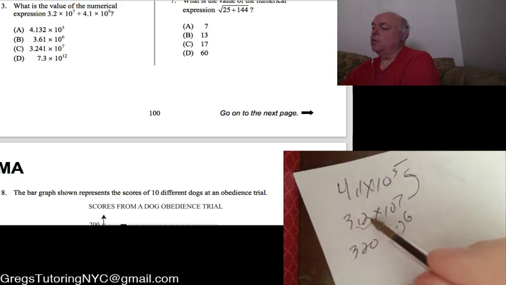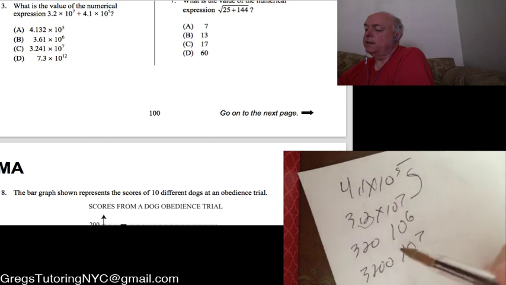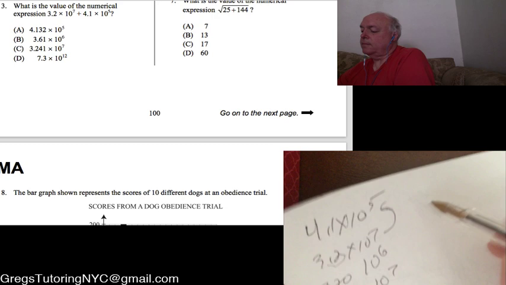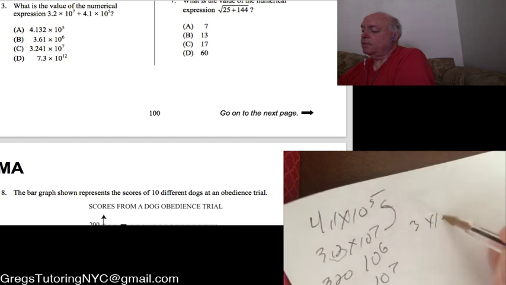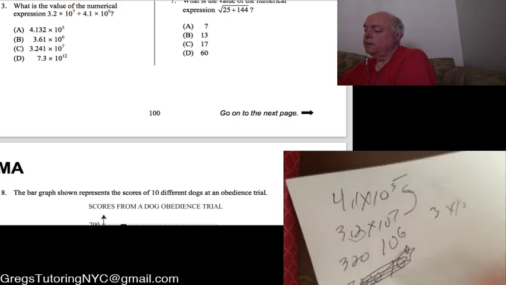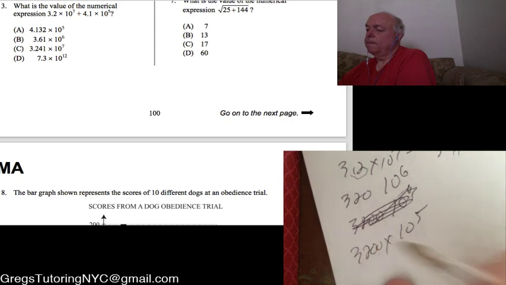I move the decimal over 1 this way. And if I go to 10 to the 7th, I'm here like this. Wait, I said that backwards, didn't I? Here, let me start this over. I was supposed to go down to 5. All right? So I get 3,200 times 10 to the 5th.